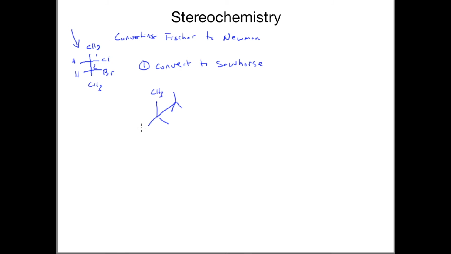We're going to orient ourselves such that we see something that looks like so. And then we're just going to fill in all of our carbons and the remainder of the groups.